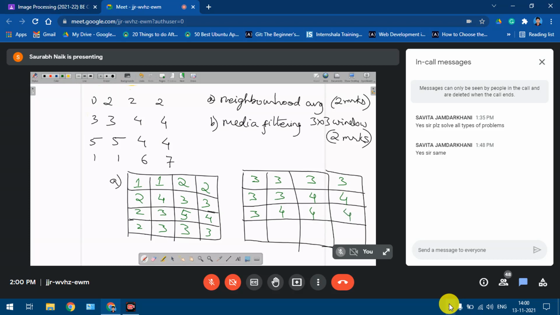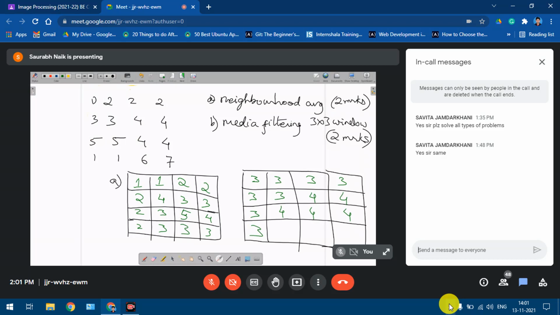At 3 comma 0, I have the values 5, 5, 1, 1 as the 4 values that will come. Since this is a corner pixel, I have only these 4 values. Since the median is going to be the average between 1 and 5, my average will come to 3. Then I have the numbers 5, 5, 4, 1, 1, 6.